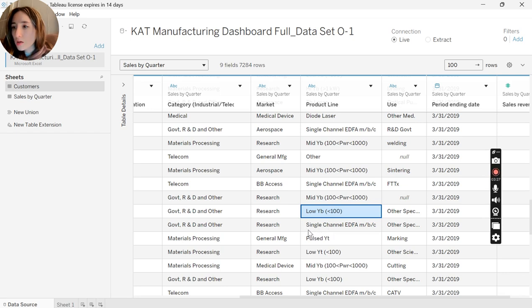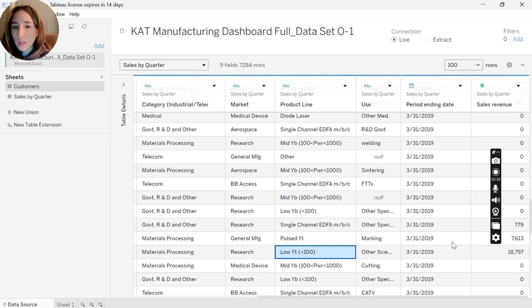The top product line was the Low YTB 100 out of these because it was the highest in sales.